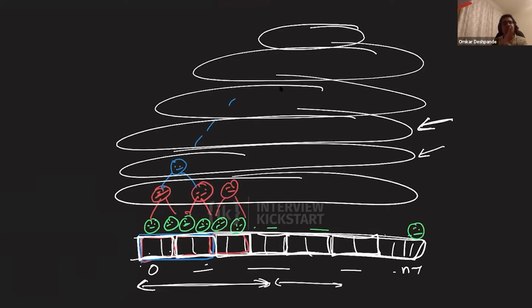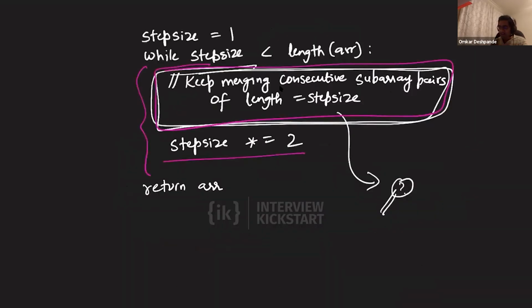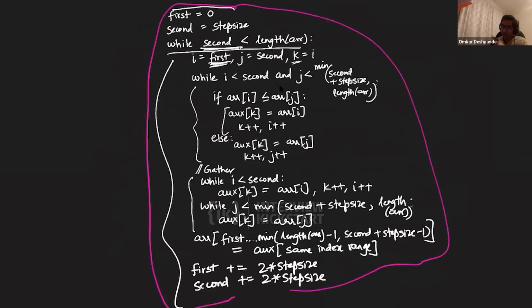Shobit? Yeah, two quick questions. I'm just curious, are there any problems related to this bottom-up approach for LeetCode? I haven't seen any, actually. The only reason I'm doing it is because whoever wrote the solution for that merge sorted array problem on IK wrote a bottom-up version.